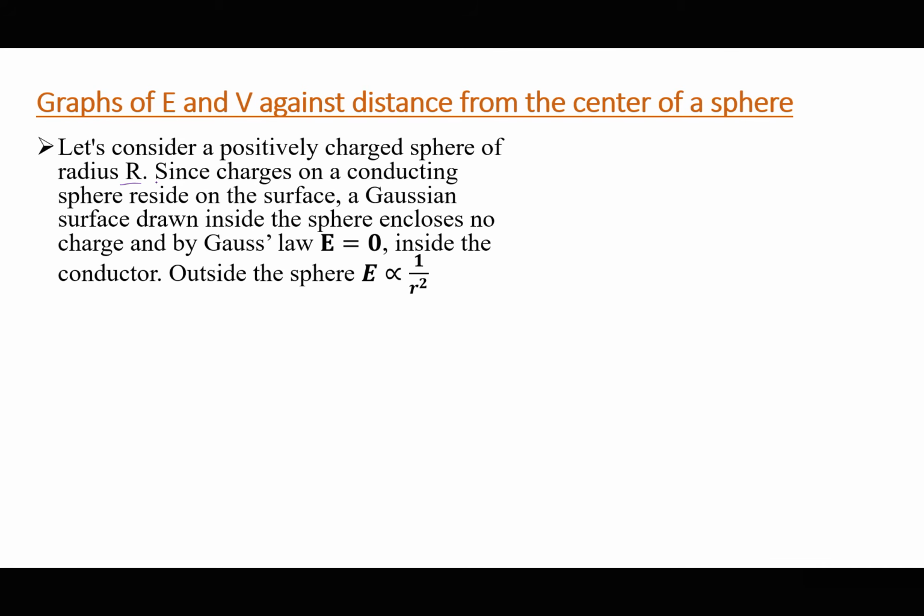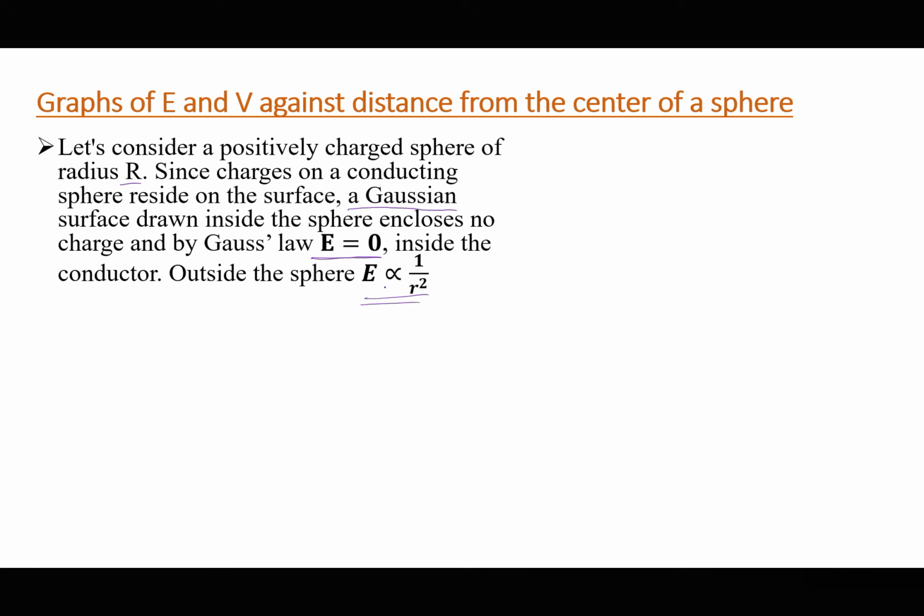We know that charge on a conductor resides just on the surface. That means if we draw a Gaussian surface inside the sphere, it will enclose no charge. And by Gauss's law, electric field strength inside is going to be zero. But of course, we have seen that outside, E varies as the inverse square of the distance from the center.